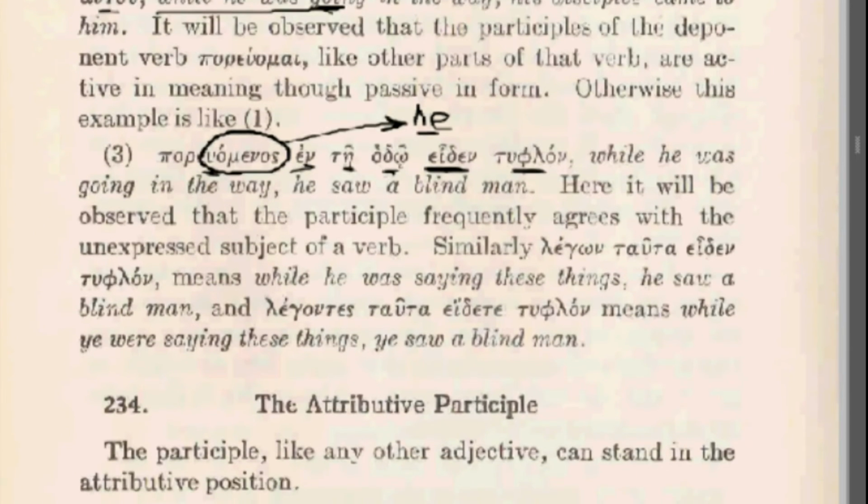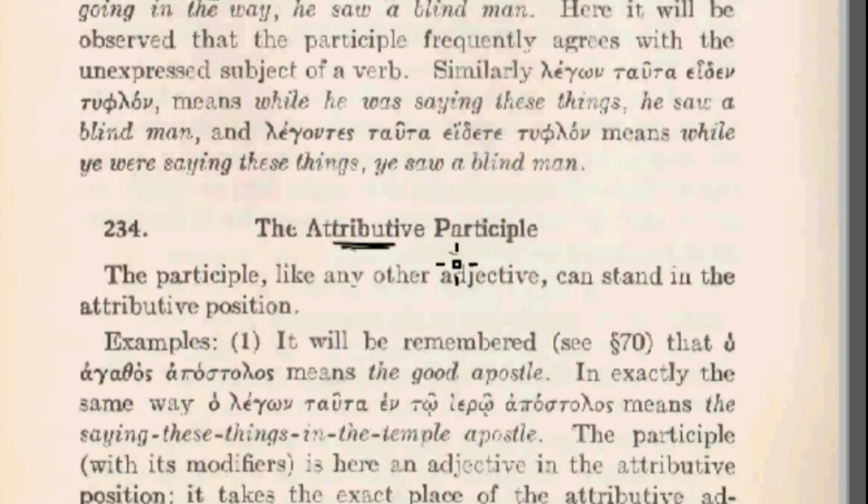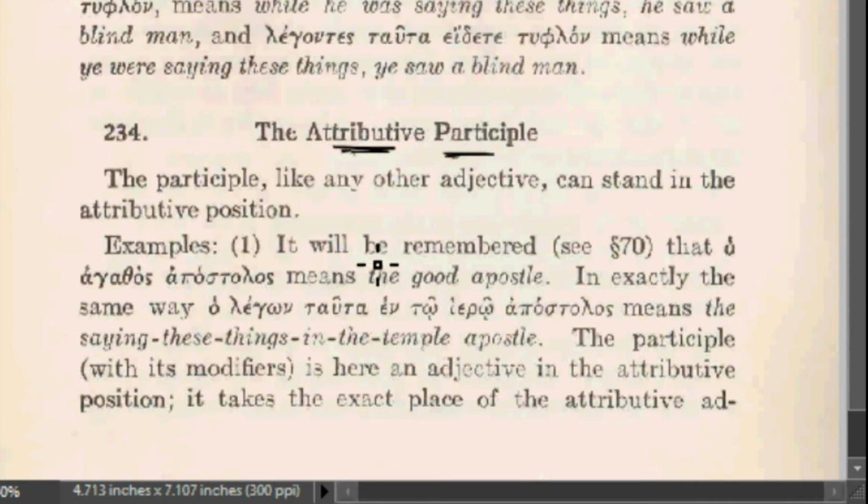I mentioned earlier that participles can also be found in the so-called attributive position. The attributive, you recall, involves placing the article right before the adjective. If we said ho agathos anthropos, the good man, we could also say ho anthropos, ho agathos, the man, the good one.